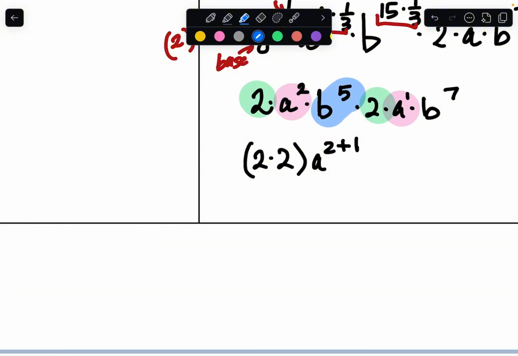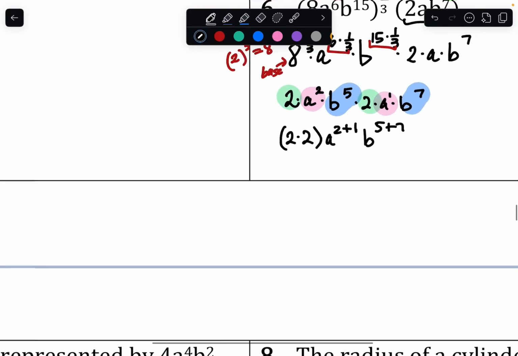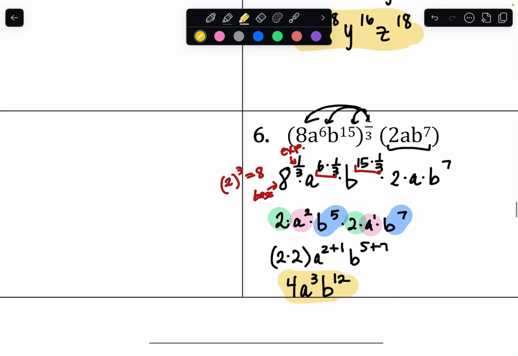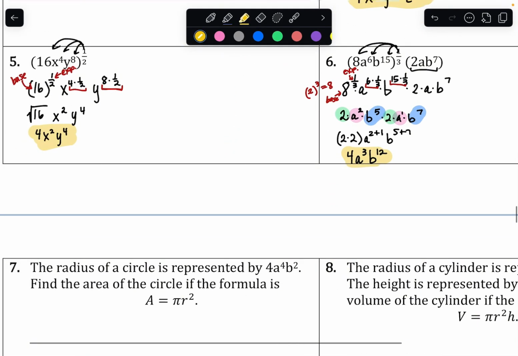And then we have b to the 5th and b to the 7th being multiplied, so 5 plus 7 in the exponent. All right, so finally, our final answer is 4a to the 3rd, b to the 12th. That's as challenging as it can get. We went through a lot of different steps there.